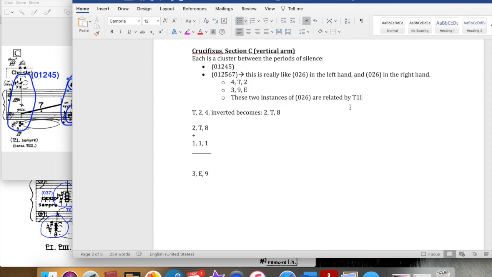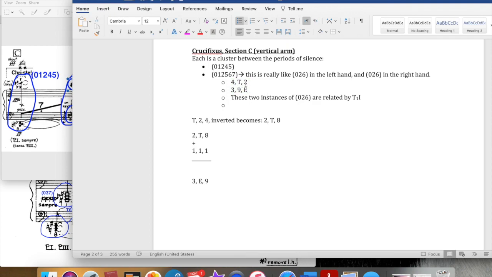You might be asking yourself, Dr. Shoup, is there a way that we could have done that without using the set theory calculator? And of course there is, but I'm not going to worry about it for right now. One way that you could have known that they had to be related by transposition and inversion, and not just transposition, is that there's no common integer that you could use.